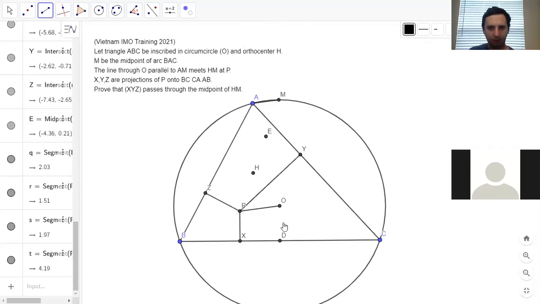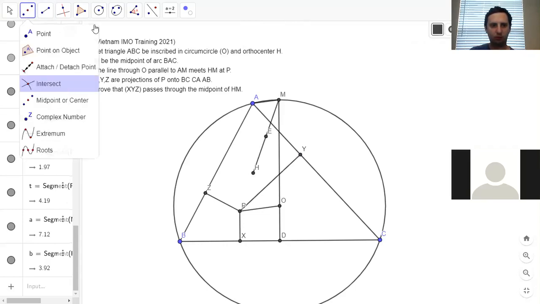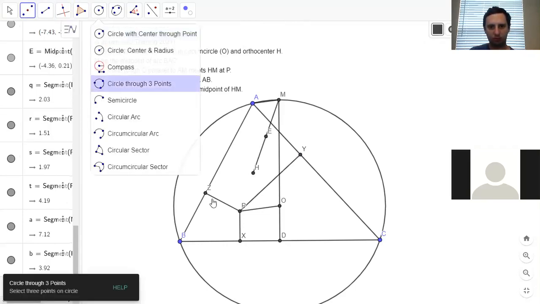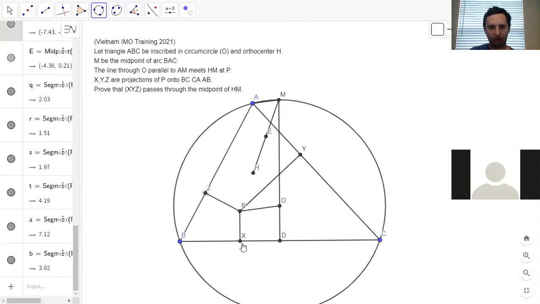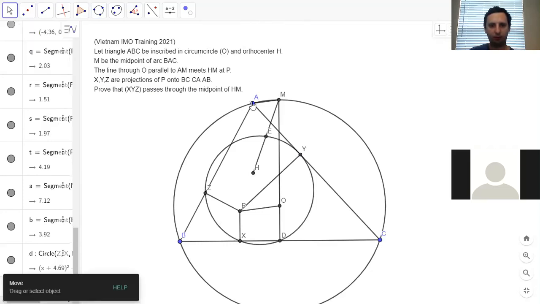Might as well draw this. E is the midpoint of HM. All right. We want to show that E lies on that circle. I wonder if D lies on that circle too. It almost looks like it. Yeah, so the midpoint of BC, it looks like it also lies on that circle.